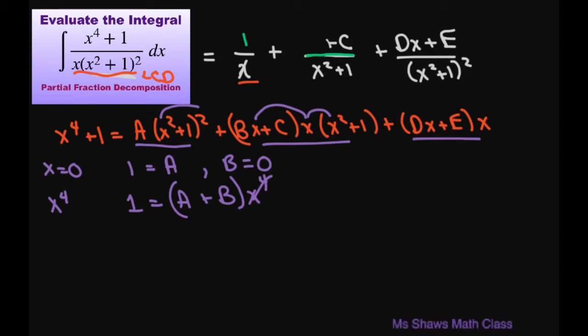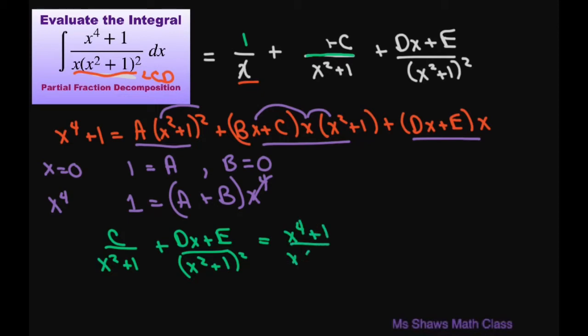We have C divided by (x^2 + 1) plus (Dx + E) divided by (x^2 + 1)^2 equals (x^4 + 1) divided by x times (x^2 + 1)^2.